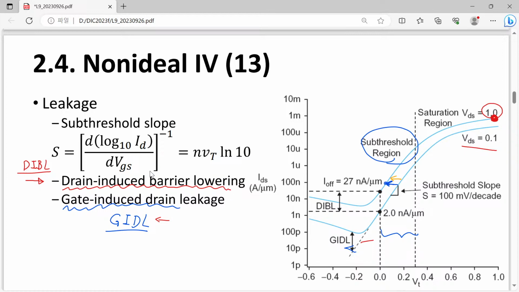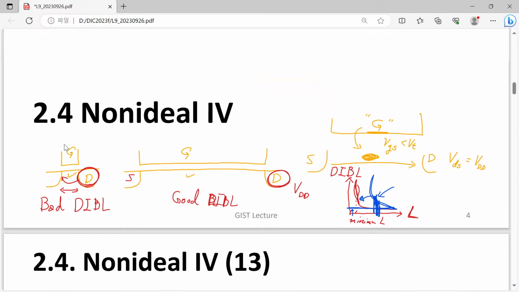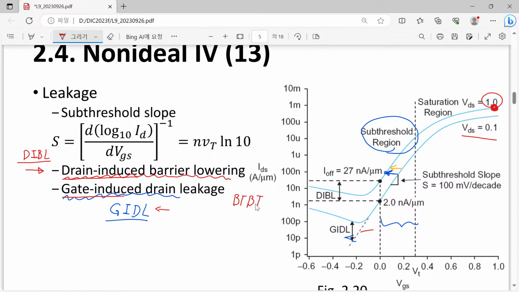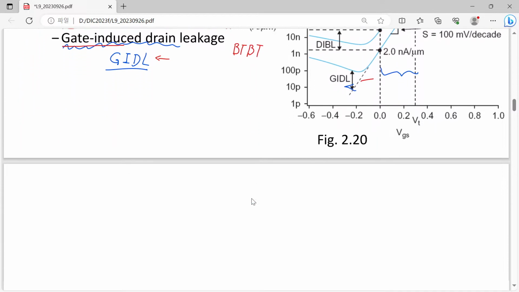However, in this case, due to the short channel device, we have increased current. So here we have just normal, conventional transport, and here GIDL originates from a special thing called band-to-band tunneling. Okay, they have a different physical origin.